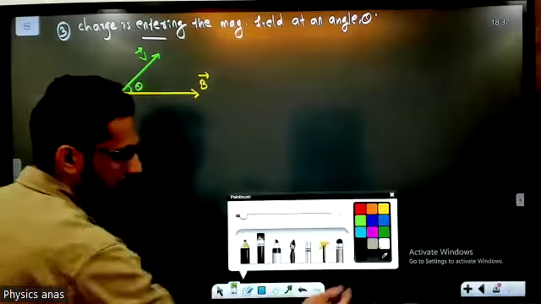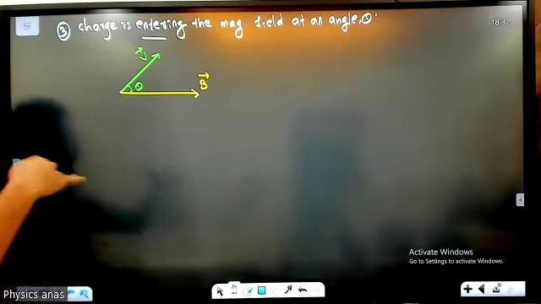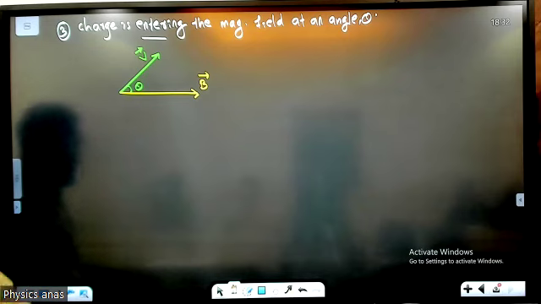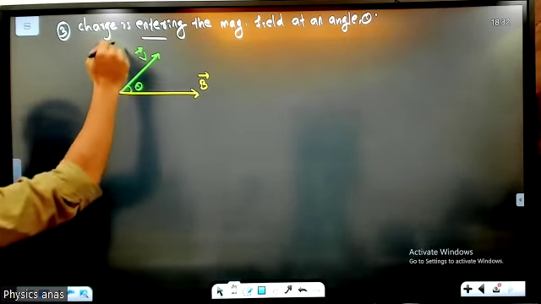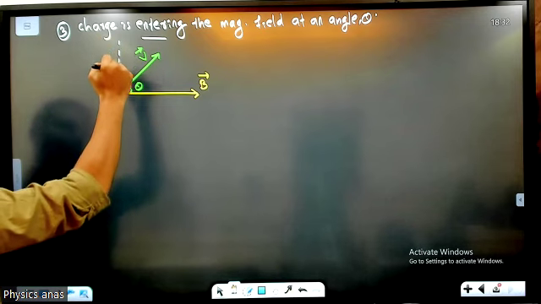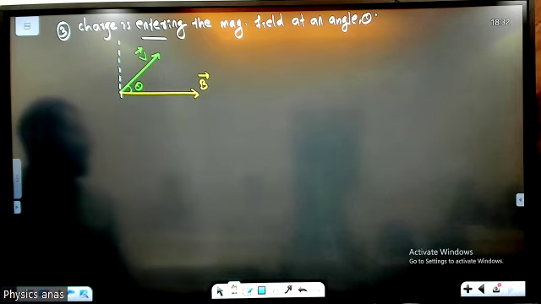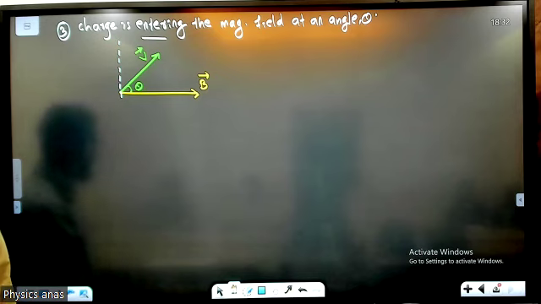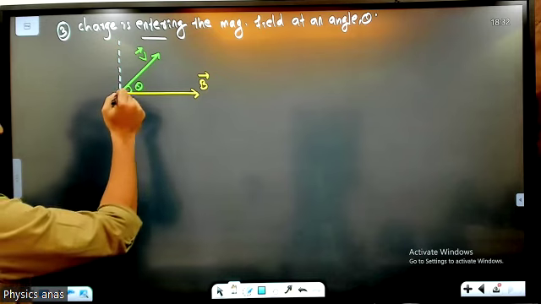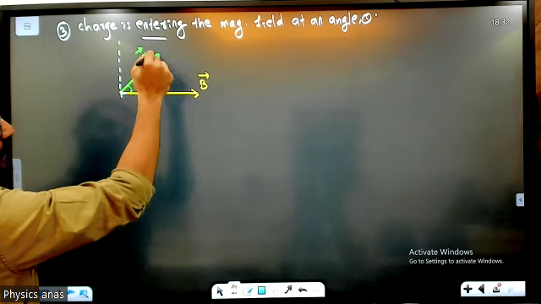The velocity is an inclined velocity. It is acting at an angle. So you can find two components of that velocity.